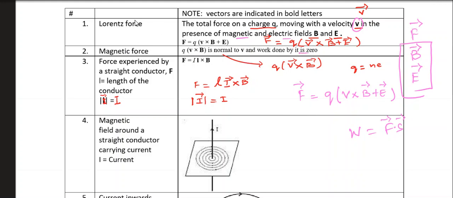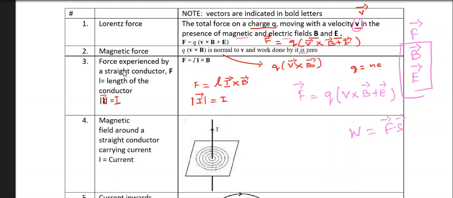So what is Lorentz force? Lorentz force is expressed as the product of Q and V cross B plus E. Whereas we are just identifying the magnetic force as Q into V cross B. When it is normal to the velocity, the work done is 0.